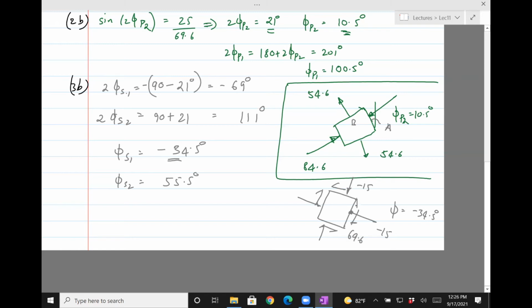And then, of course, this angle is negative 34.5. This is face A, face B. And face A, as you can see, has been turned clockwise by 34.5.